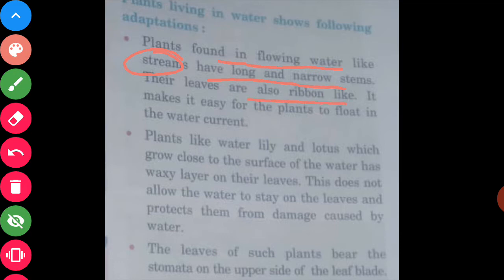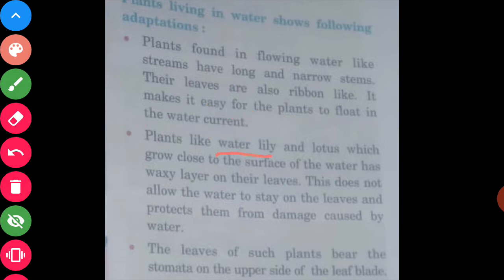These ribbon-like leaves make it easy for those plants to float in the water current.